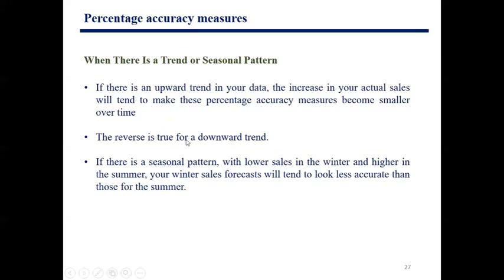And the reverse is true when we have a downward trend. It means when your sales are decreasing, your percentage measures will become higher over time, and this also will make your forecast accuracy biased.